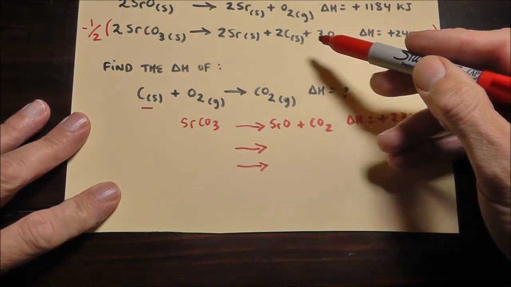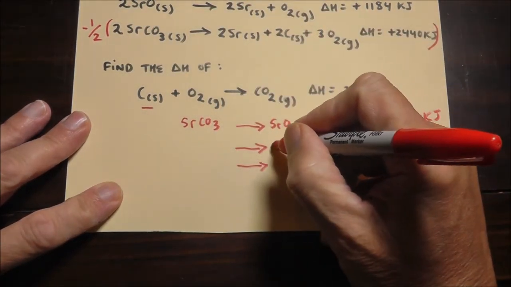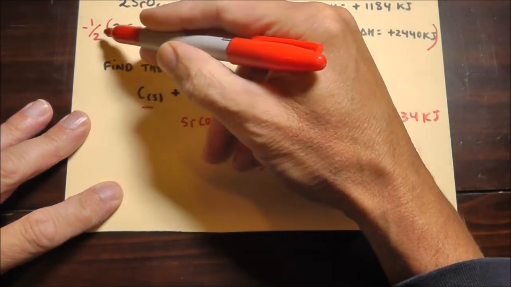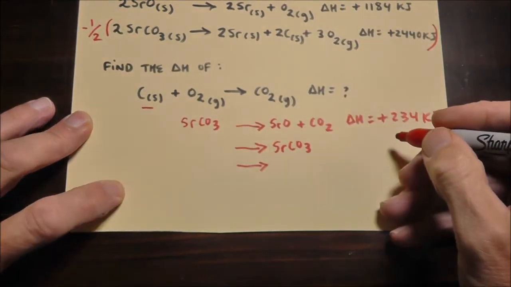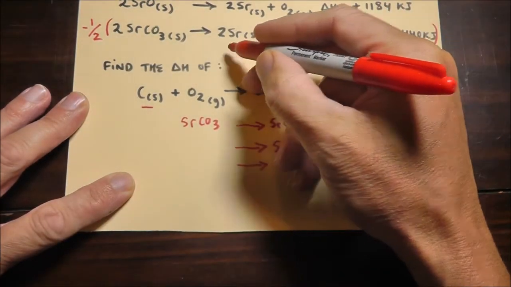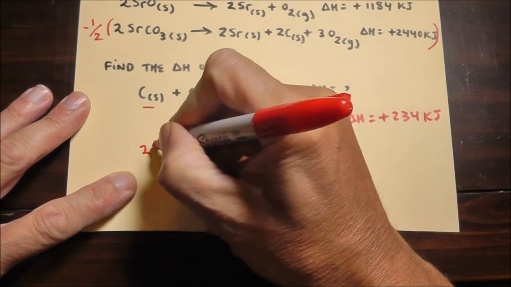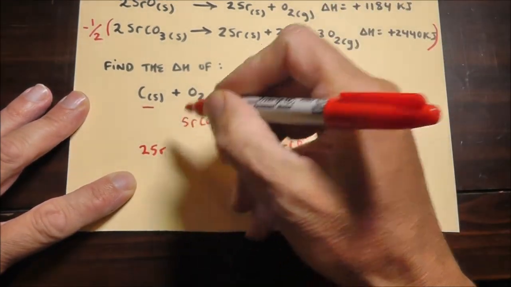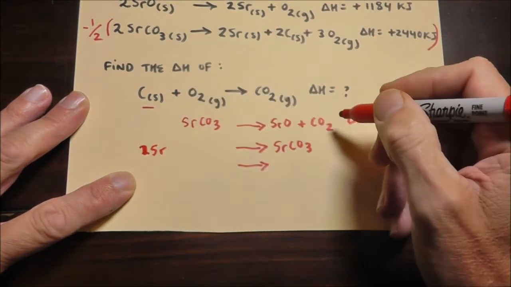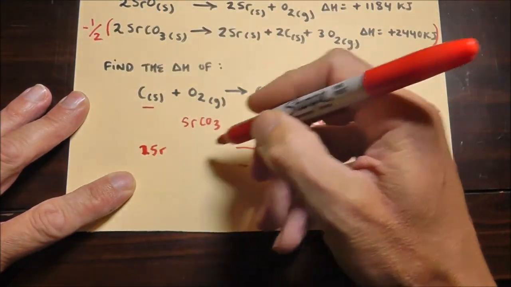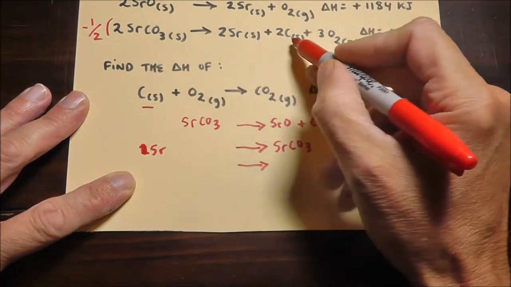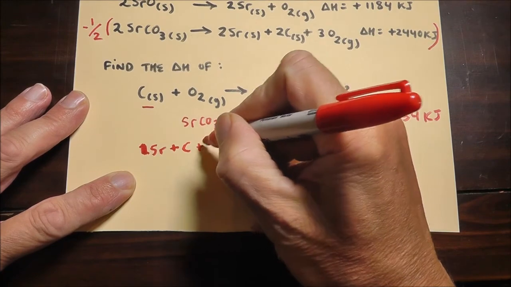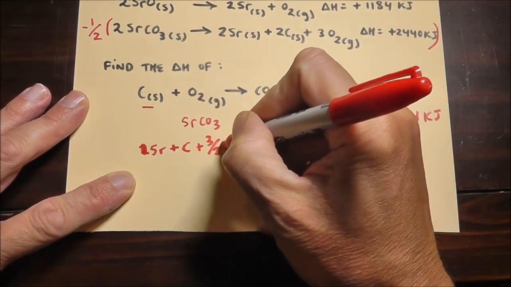So I'm going to go ahead and do this one now. It's a little trickier because now what I'm going to have is just strontium carbonate on the right. I'm going to have to multiply by 1/2, I'll do my delta H later. Then on the left is going to be, not 2 strontiums, Mike, 1 strontium, because I have to multiply it by 1/2. 1 strontium plus 1 carbon plus 3/2 O2.